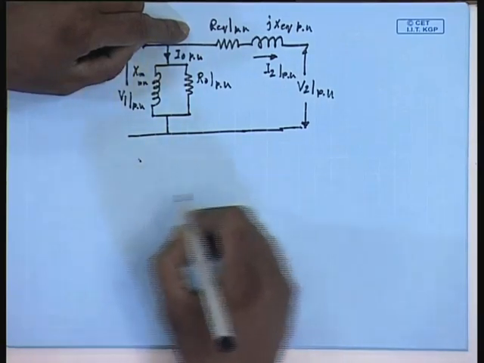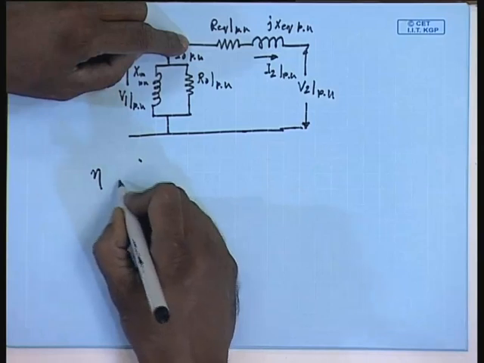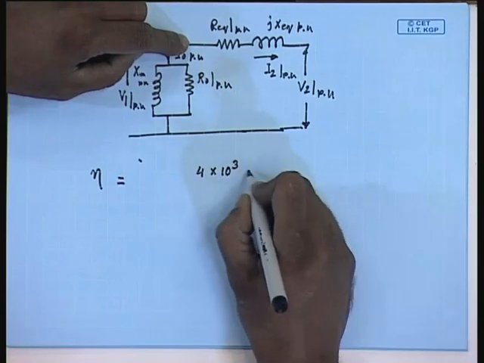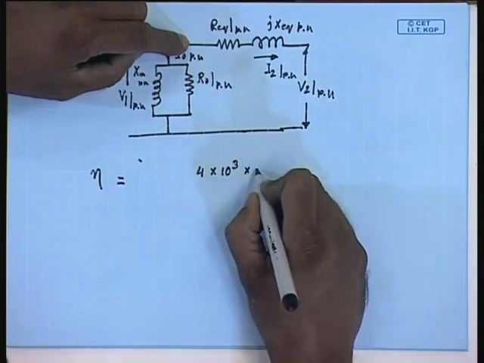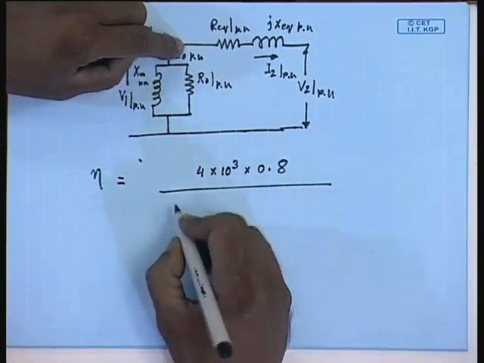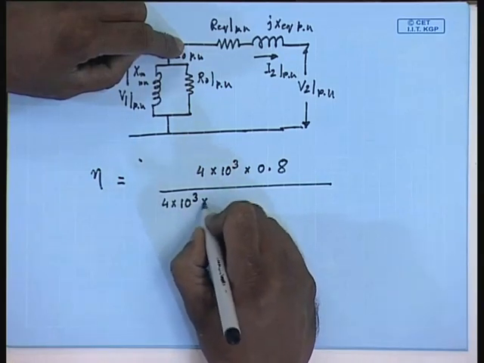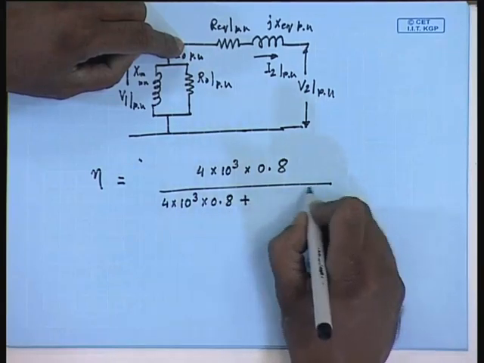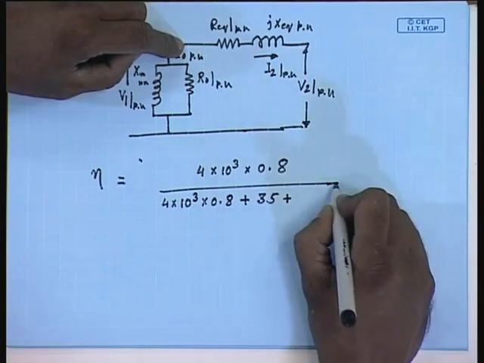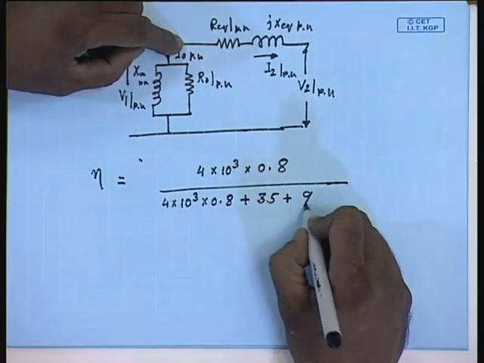So, at 100% of the load and let us say at 0.8 power factor, the output power is 4 into 10 to the power 3 watts into power factor 0.8, divided by the output power 4 into 10 to the power 3 into 0.8 plus the core loss, which is 35 watts, plus the copper loss at full load, which is 90 watts.